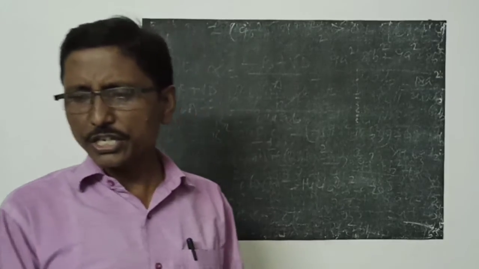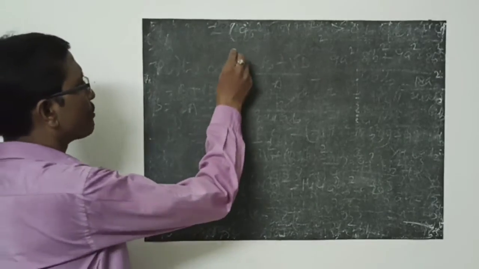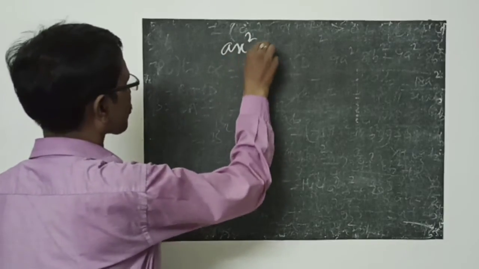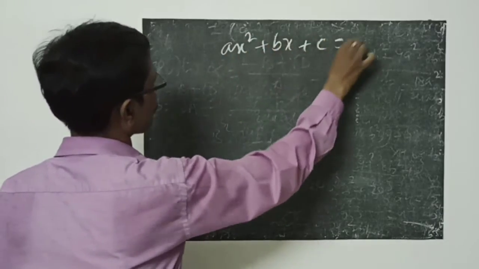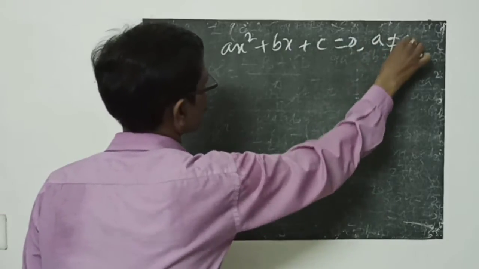Now, we can take the standard form of this equation. Suppose ax square plus bx plus c equal to 0, where a is not equal to 0.